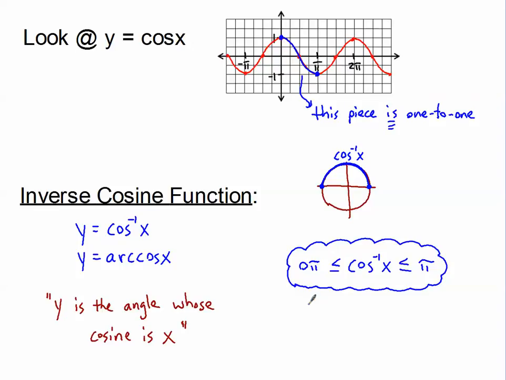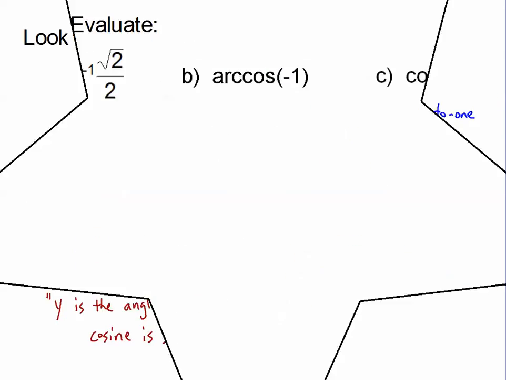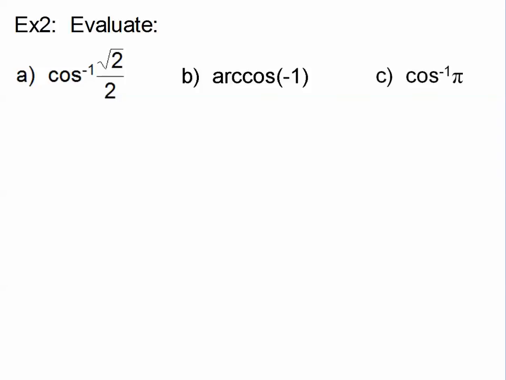Okay, let's look at a few problems with inverse cosine. So we've got inverse cosine of square root of 2 over 2. Again, this should ring a bell. That's from your unit circle that you've been practicing, and I would continue to do that since we have a quiz on that. Let's do our unit circle, and square root of 2 over 2. First of all, cosine goes left and right.